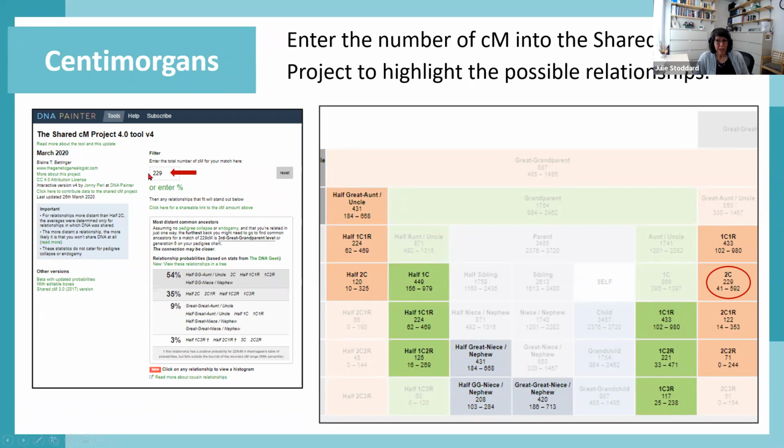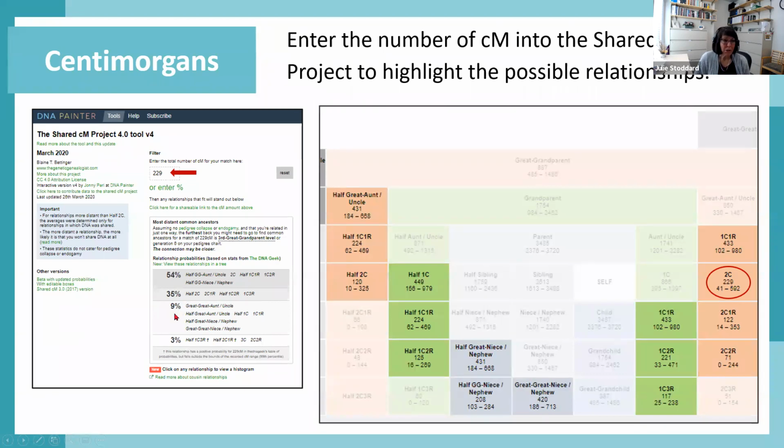So if I'm sharing 229 with the DNA match, there's over a 50% chance that I'm one of these relationships up here in the top box. Nephew, maybe a first cousin twice removed, just a lot of different options there. But there's also a 35% chance that I'm a half second cousin or one of these other relationships.